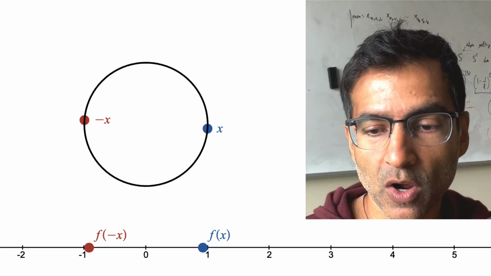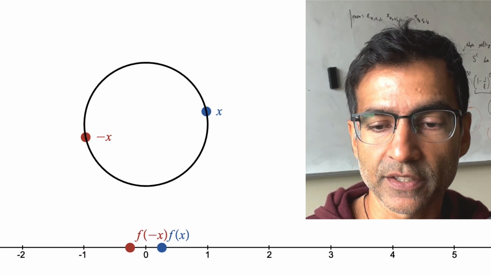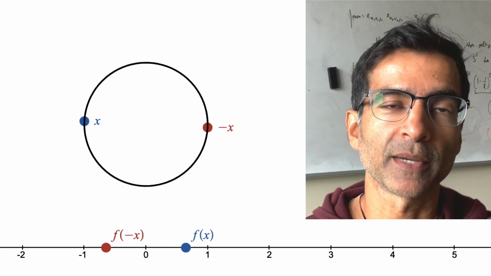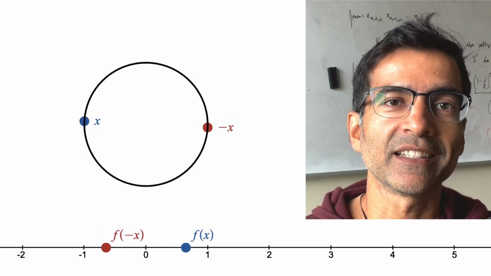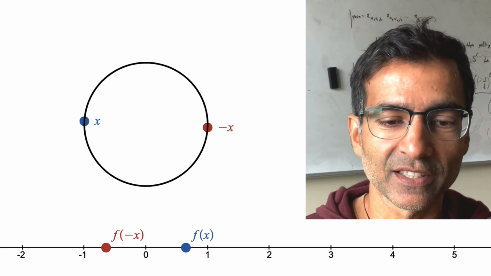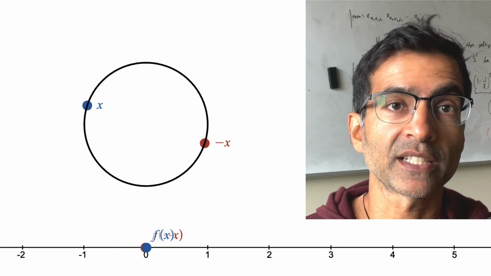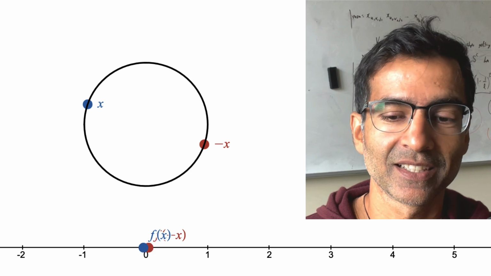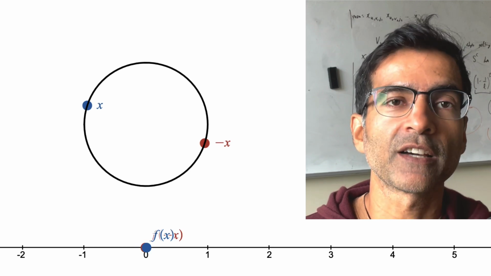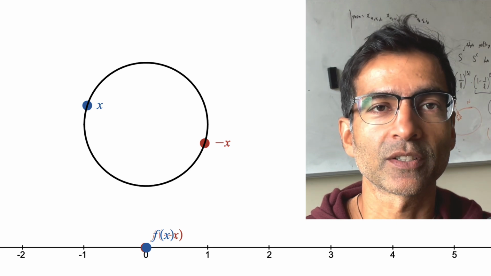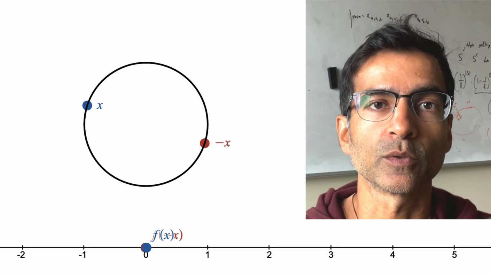But now just start to walk around this one-dimensional sphere until you've swapped the locations between x and minus x. And you see at some point, the values of f of x and f of minus x must be equal, right? Because they have to exchange locations. So at that point, you will have found an x and a minus x that have the same value. That proves the theorem for n equals 1.